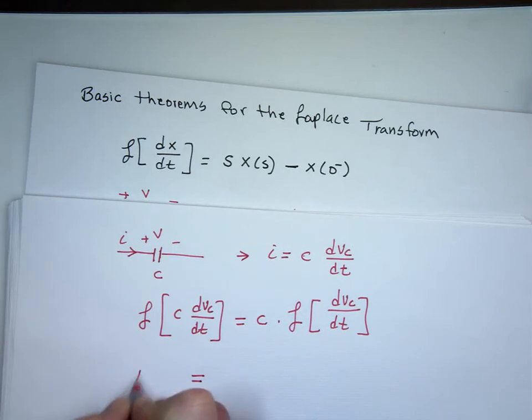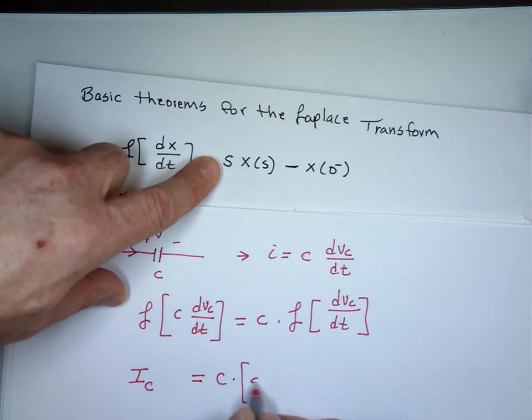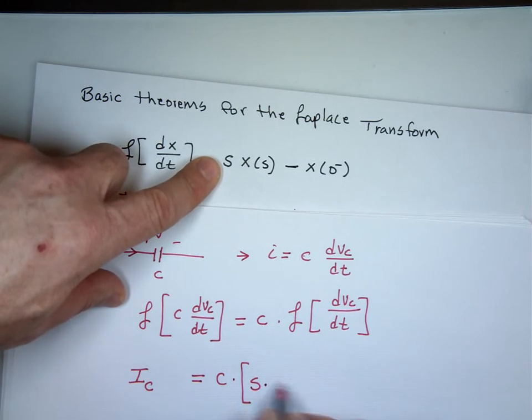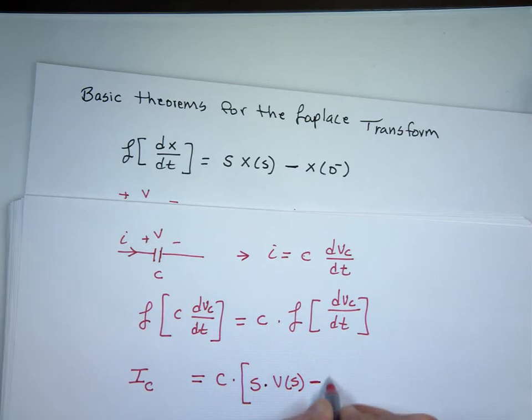So the current in a capacitor is going to equal C times s times Vs, I'm using Vc here, the voltage as a function of s, minus the voltage at 0 minus.